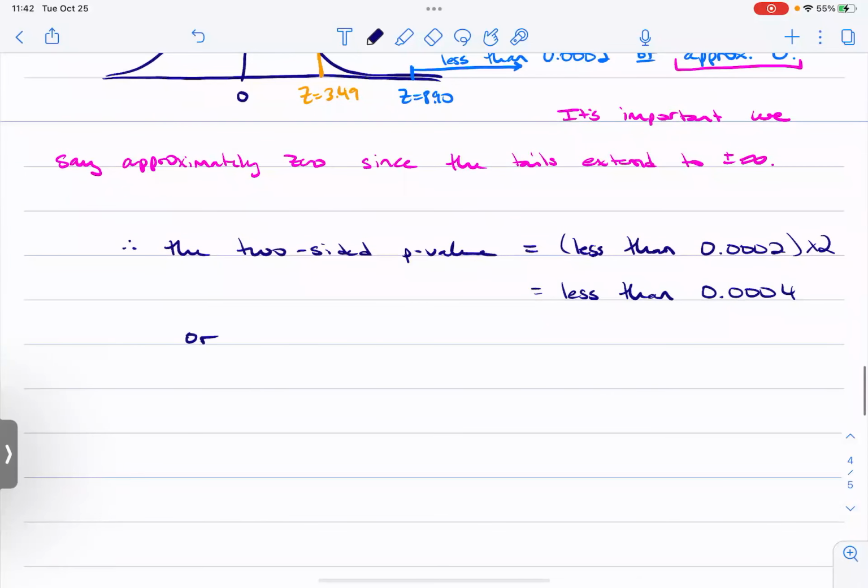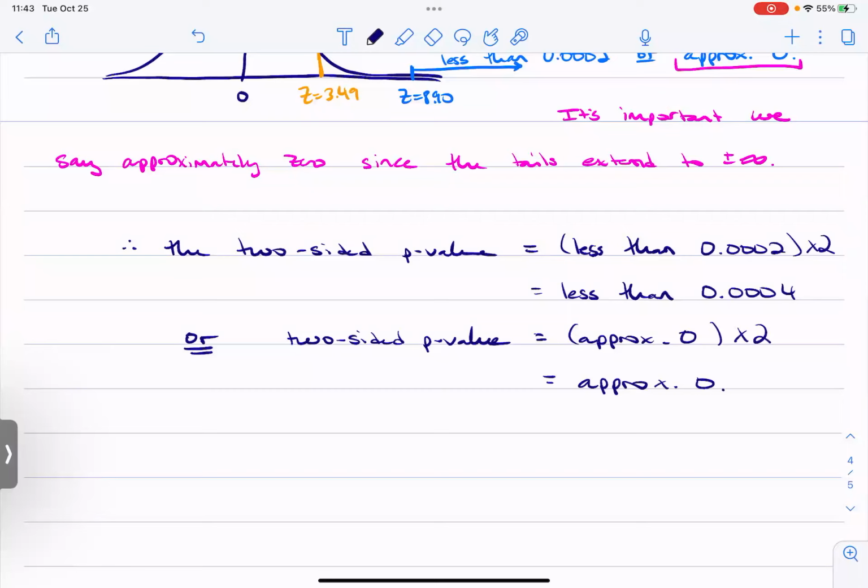Or the two-sided p-value is approximately 0 times 2, which is still approximately 0. Less than 0.0004 is approximately 0, and so these are the same. It just depends on how you prefer to word it.